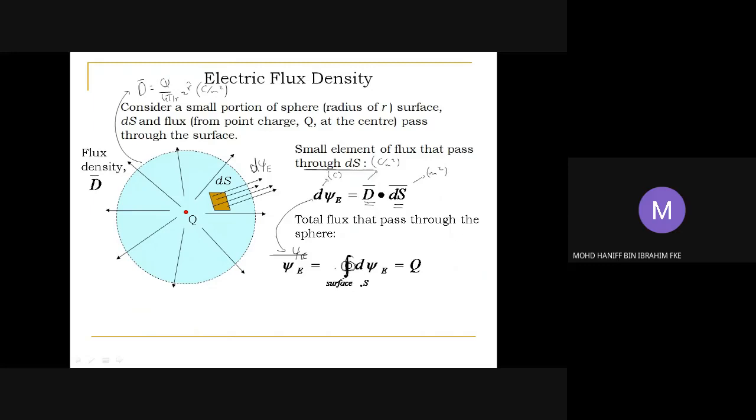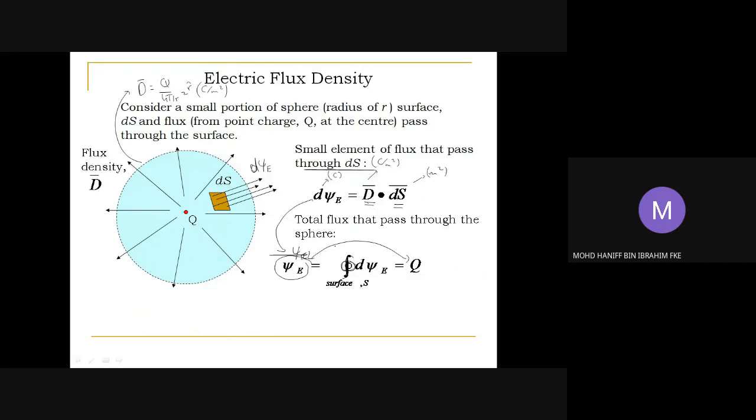Okay, understood? And as we have learned previously from the concept of flux, the flux leaving the closed surface shall be equal to the charge that is located inside the surface. This is from a concept previously.